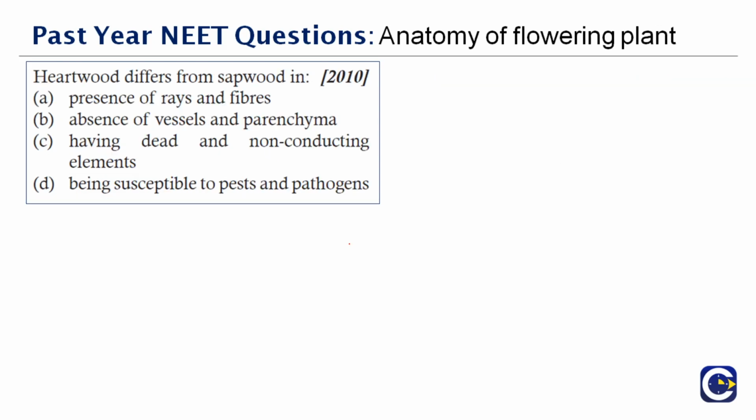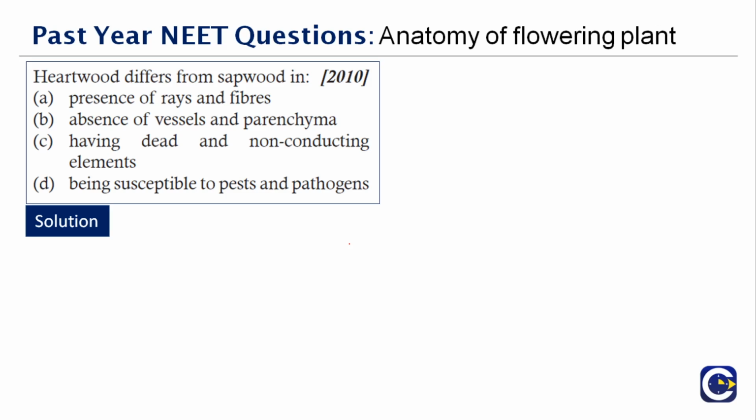Next question here. Heartwood differs from the sapwood in dash. So this is a direct question. We just now discussed what heartwood is, right? It's the central part of the plant stem. Heartwood differs from the sapwood in having dead and non-conducting elements.